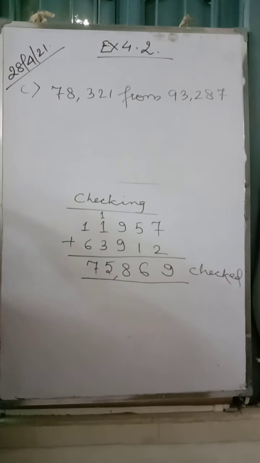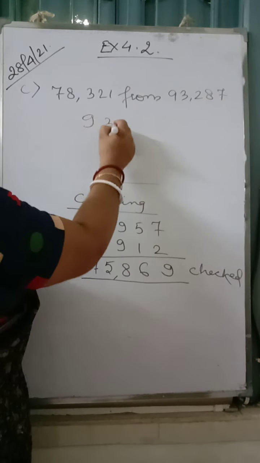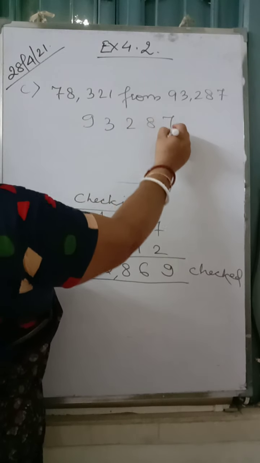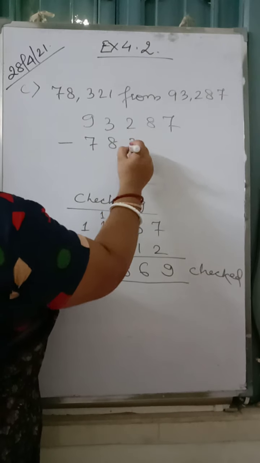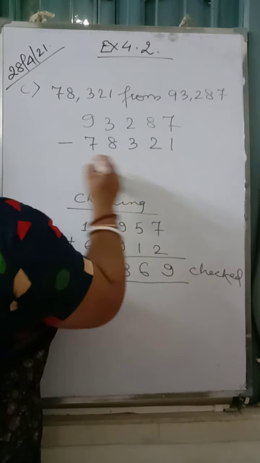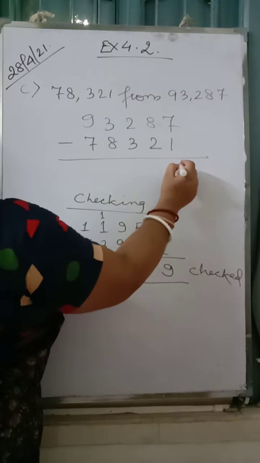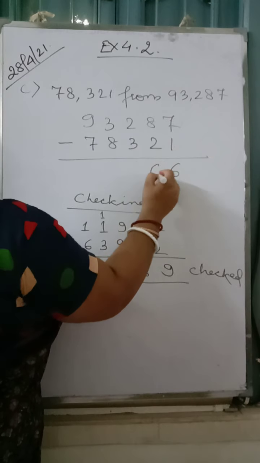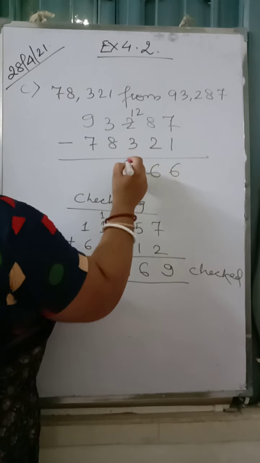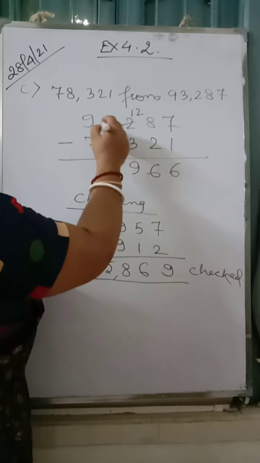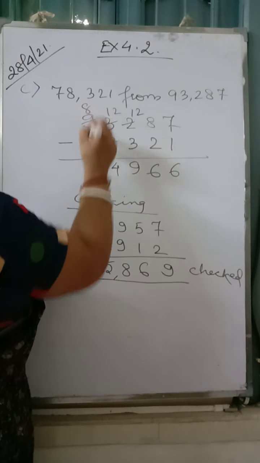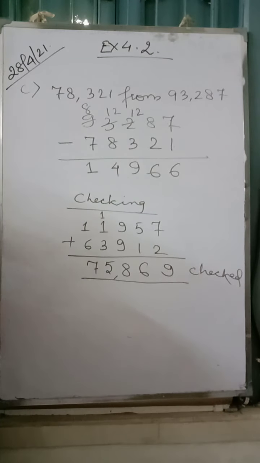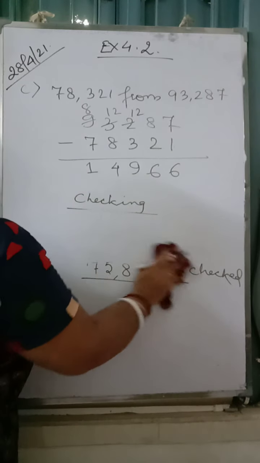So what we have to write first? 93,287 minus 78,321. Now we'll subtract 7 minus 1, 6, 8 minus 2, 6, 12 minus 3, 9, 12 minus 8, 4, and 8 minus 7, 1. We have got this difference.